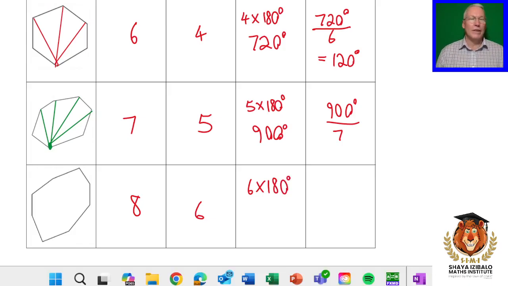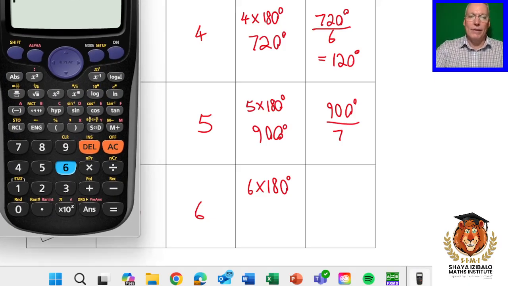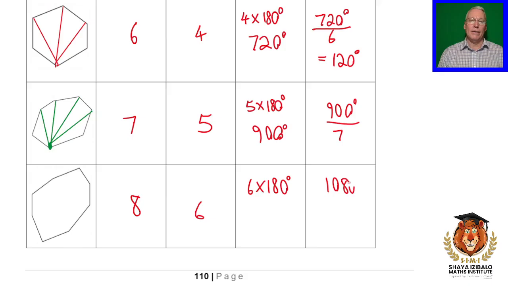I'm not going to need a calculator, which I shouldn't, but I'm a little bit tired, so let's try it. 6 times 180, and we get 1080. And if we divide by 8, because remember we've got 8 angles, each angle is 135 degrees. Okay, so 1080 divided by 8, 135 degrees.